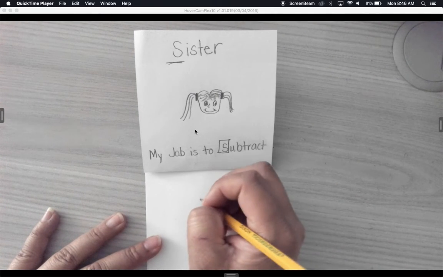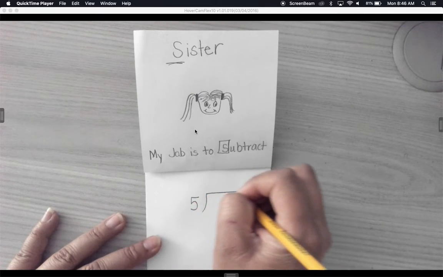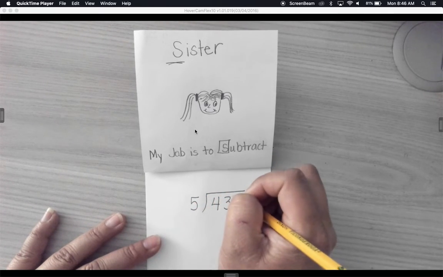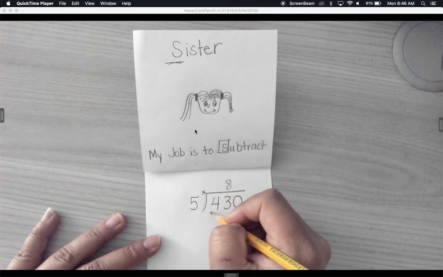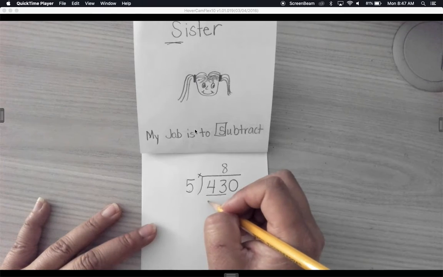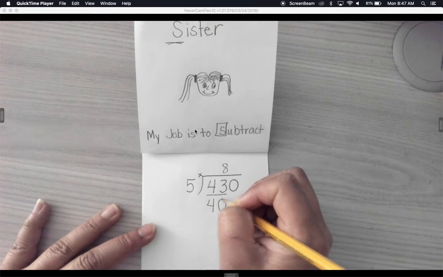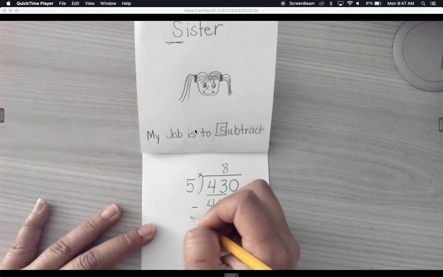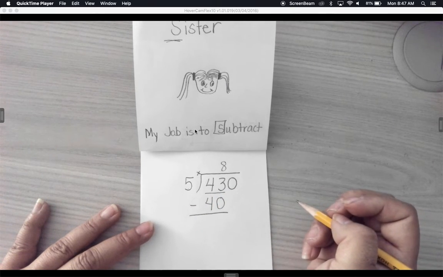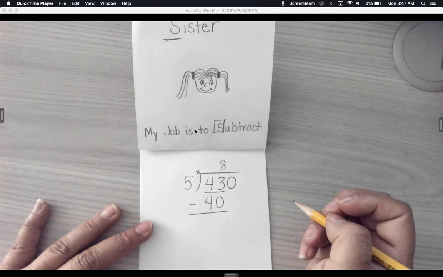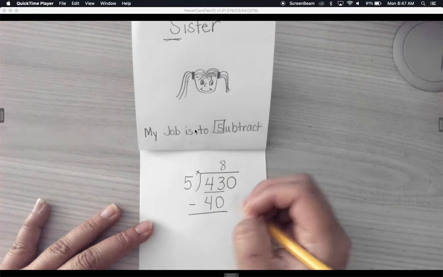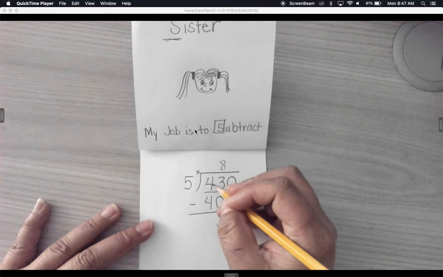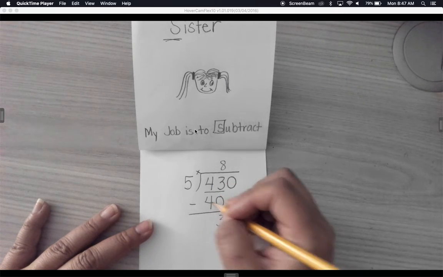So if we set up our problem here, and we have our division problem, and we said that 5 times 8 gave us what? 40. So we write that down. Now we subtract. So 5 times 8 is 40, and 3 minus 0 is 3, and 4 minus 4 is, do I need to write down the 0?